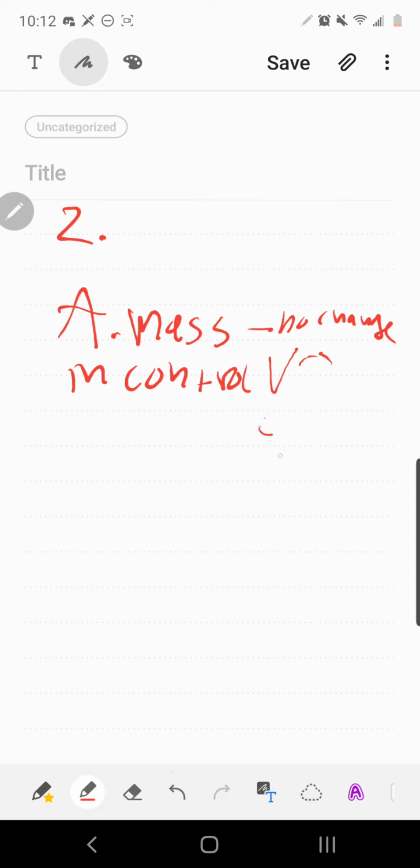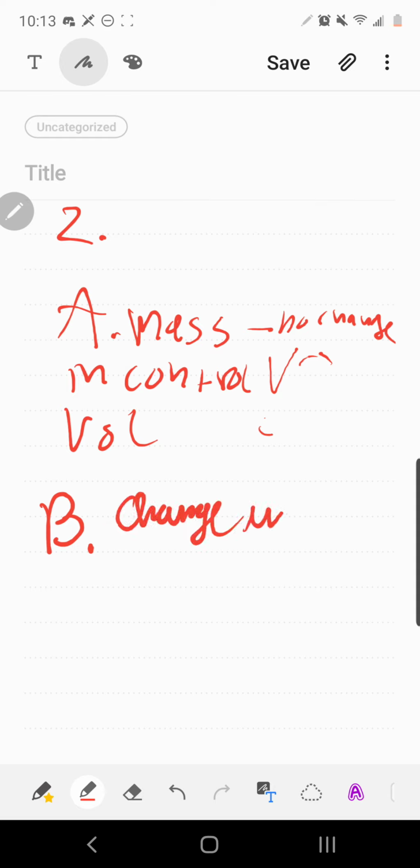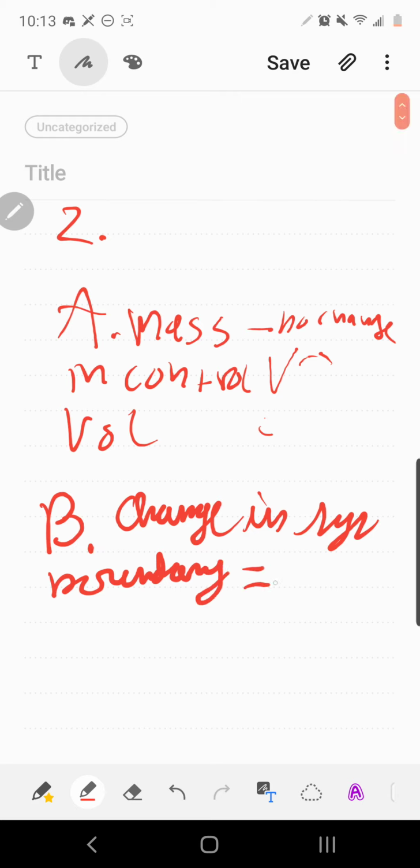In a control volume, we have B, which is the net energy crossing the system boundary equals the change inside the system.